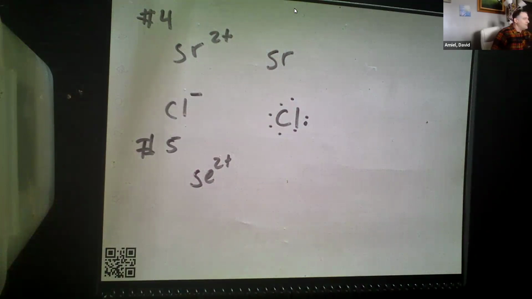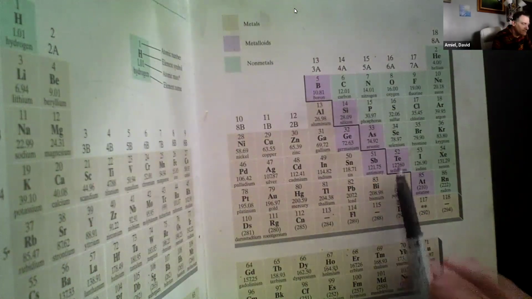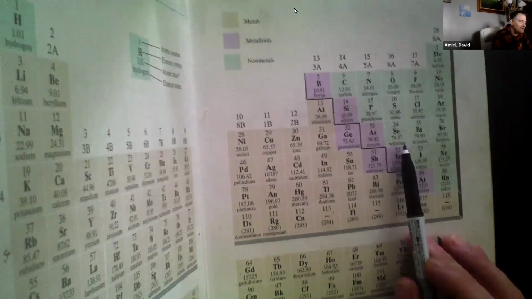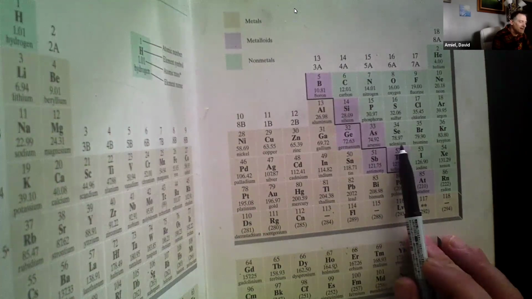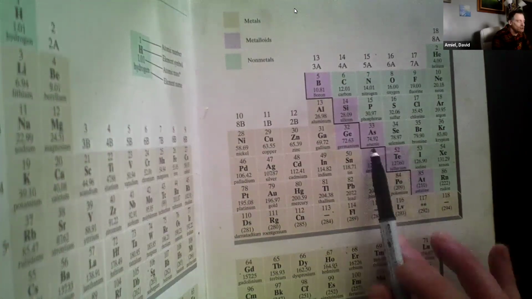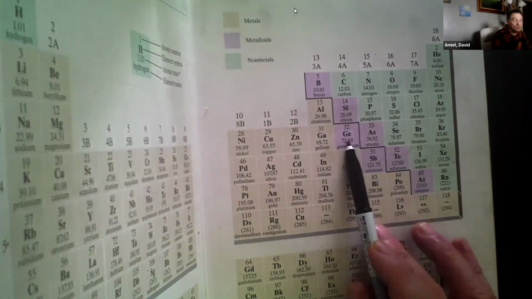I think that's a mistake, because selenium here, you guys see my periodic table, there's selenium. And if it's Se2+, that means it would be missing 2 electrons, 1, 2, and it would be like germanium, which is not a noble gas.